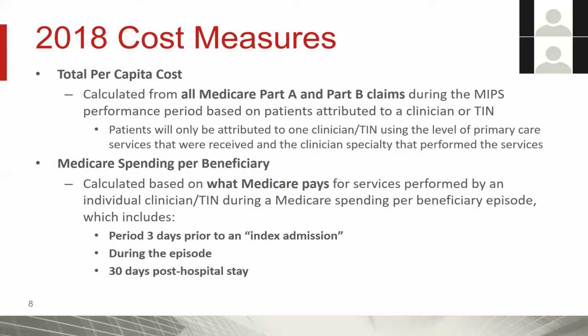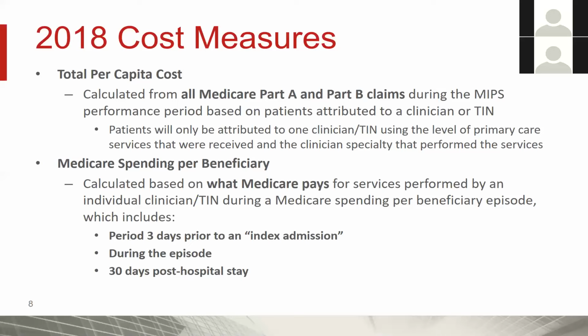A little bit different than the total per capita cost is the Medicare spending per beneficiary cost measure. This cost measure is calculated based on what Medicare pays for services performed by an individual clinician or tax ID during a Medicare spending per beneficiary episode. So a little bit different than total per capita cost, this cost measure is evaluated based on an episode, whereas the total per capita cost measure is evaluated during the entire performance period.